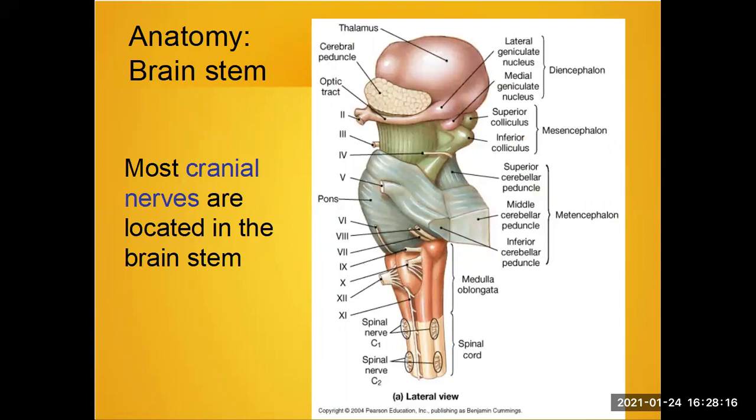Most cranial nerves are located in the brain stem. There are nuclei of the cranial nerves, from 12 cranial nerves or 12 pairs of the cranial nerves.